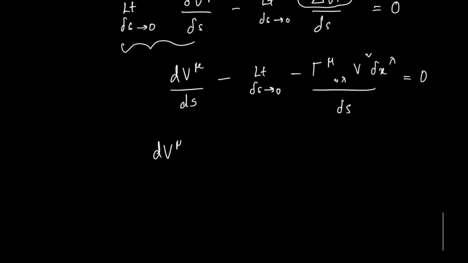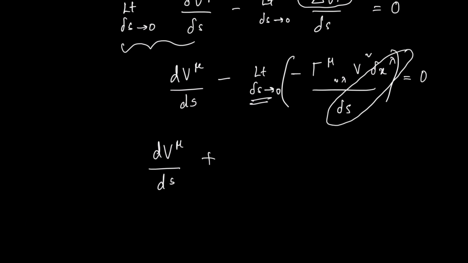Now dV mu by ds, minus and minus will become plus. Now delta s tending to 0, so plus Christoffel symbol mu nu lambda V nu as it is, and I have dx lambda by ds. So limit delta s tending to 0, del x lambda by del s is dx lambda by ds. This is equal to 0.